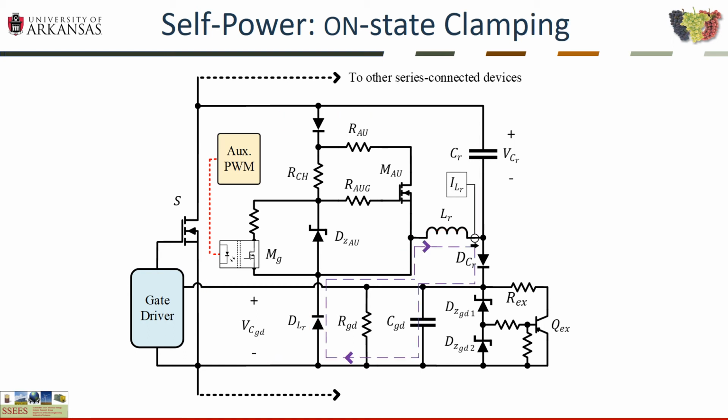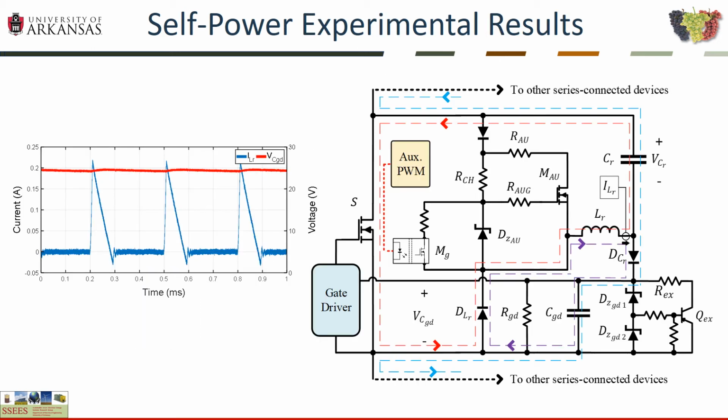This energy then resonates into C_GD, which is in turn used to power the gate driver and other auxiliary circuitry. Here is a waveform showing the current through L_R and the voltage across C_GD.